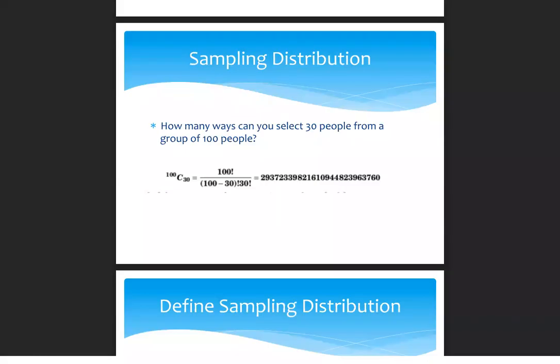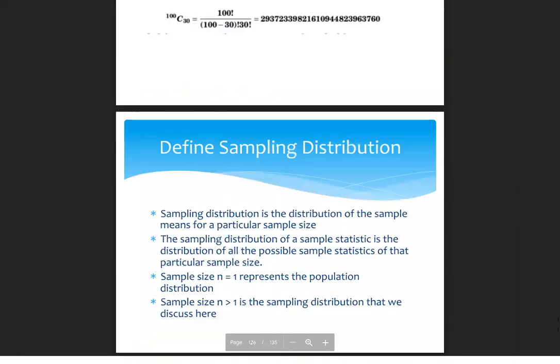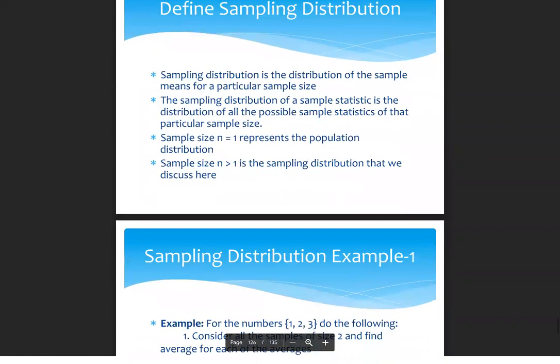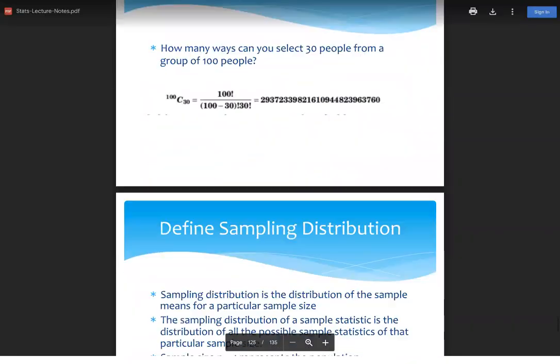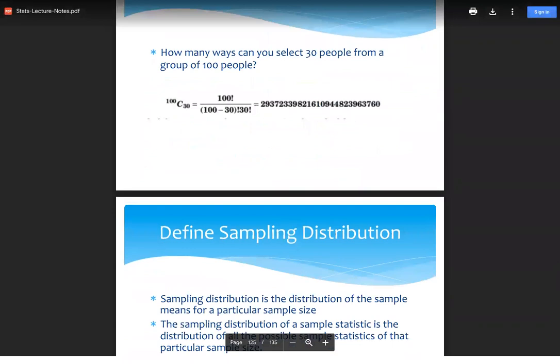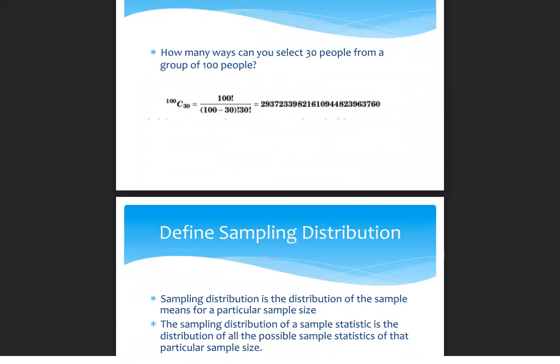Now, let's look at the definition a little more closely. There are a couple of things that I want to talk about here. Oh, by the way, this is the actual number: how many different ways can you select groups of 30 from a group of 100 distinct items?